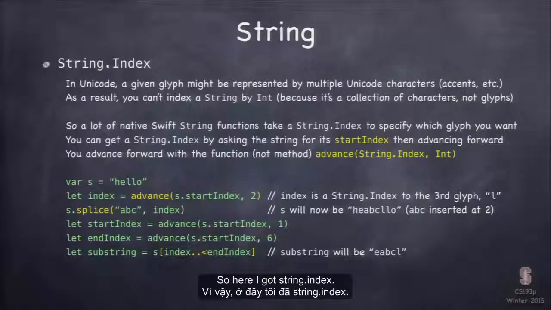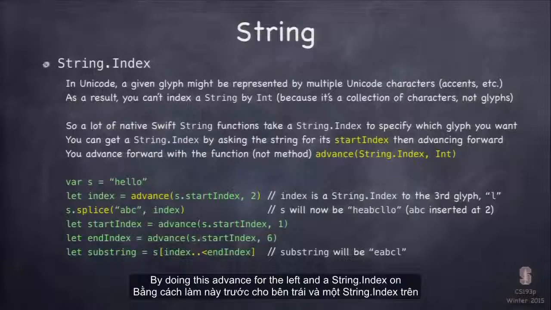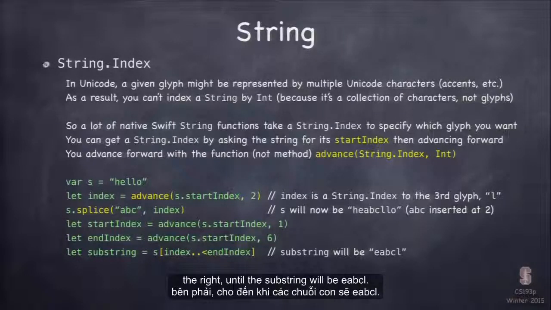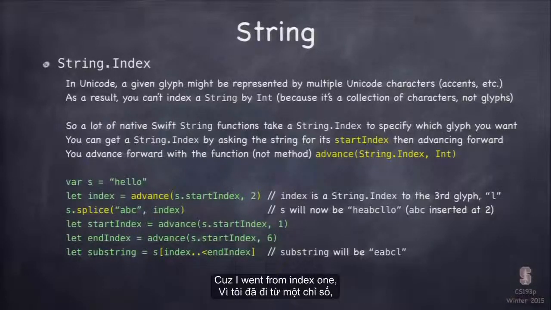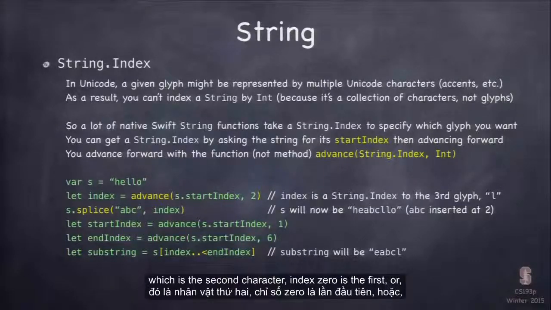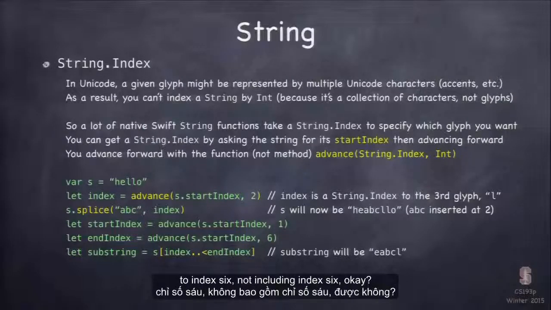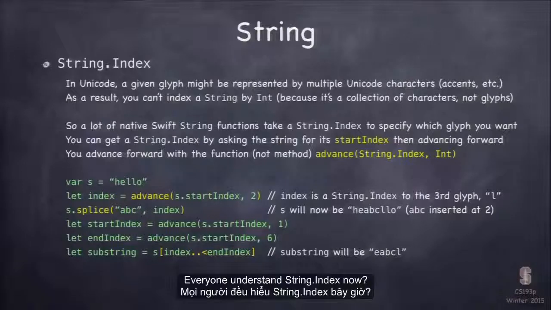So here I got a string dot index by doing this advance for the left and a string dot index on the right, and so the substring will be EABCL, because I went from index 1, which is the second character, index 0 is the first, to index 6, not including index 6. Everyone understand string dot index now?